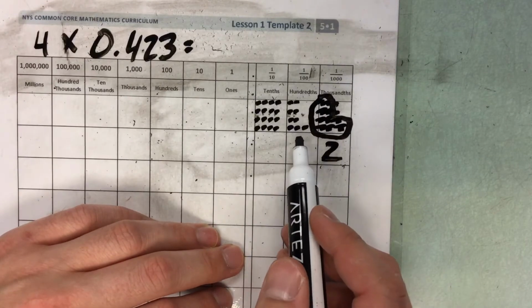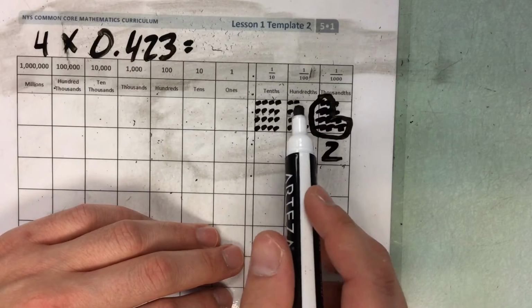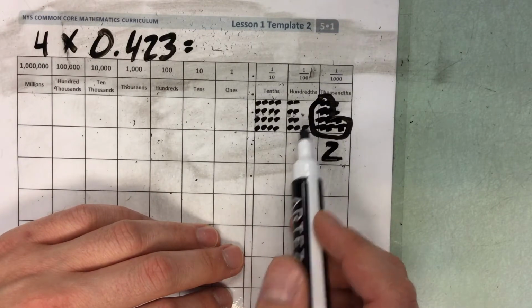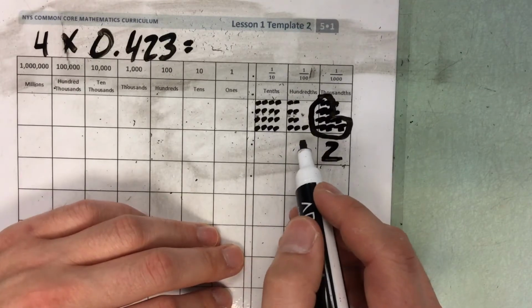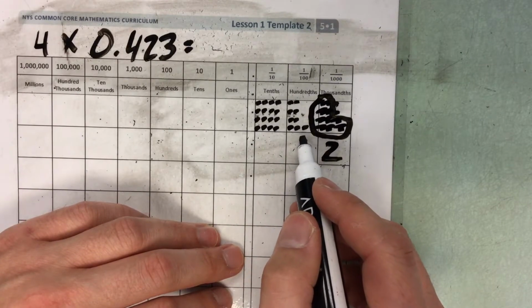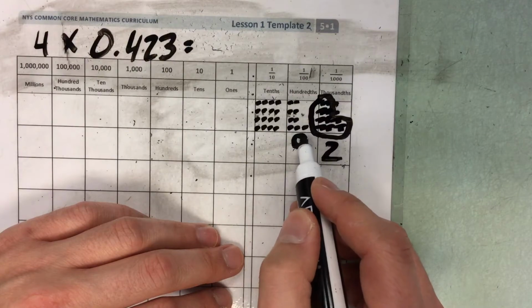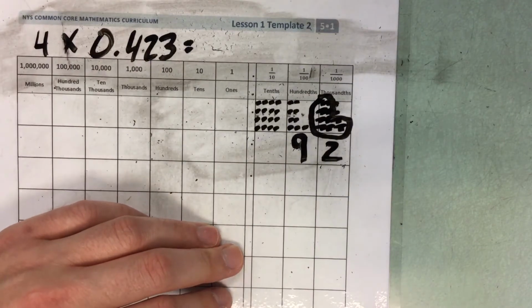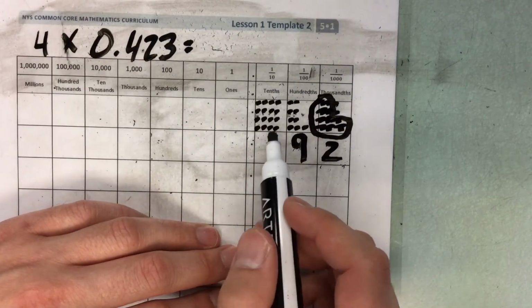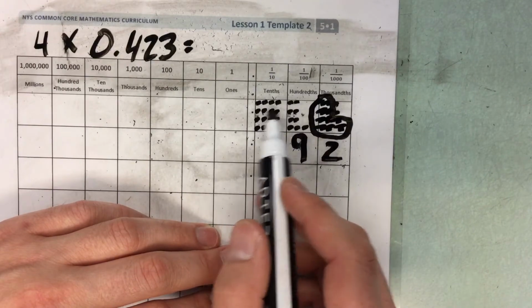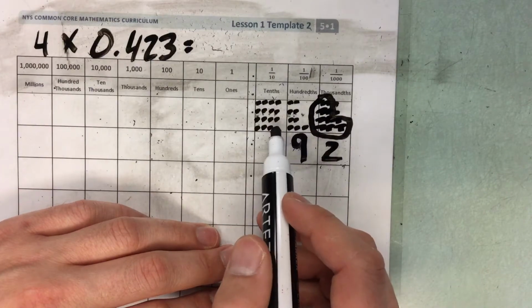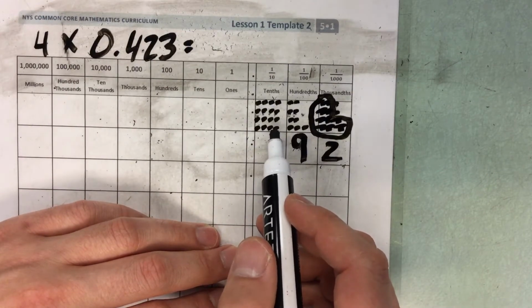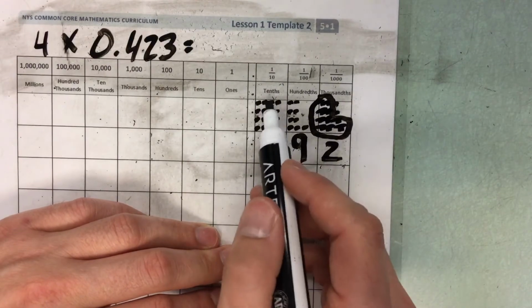Now I'm going to go over to my hundredths and count these. So I have 2, 4, 6, 7, 8, and 9. That would be 9 hundredths. And remember, as long as we have 9 or less, they can all fit in a place value. Then I'm going to move on to my tenths. And I have 4, 8, 12, 16. That's too many in one place value. So I'm going to bundle 10 of them together.